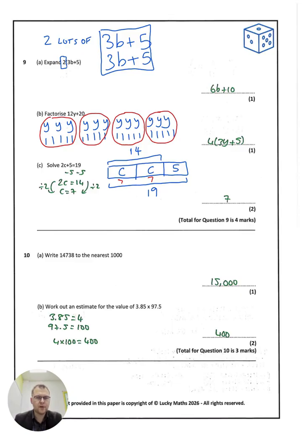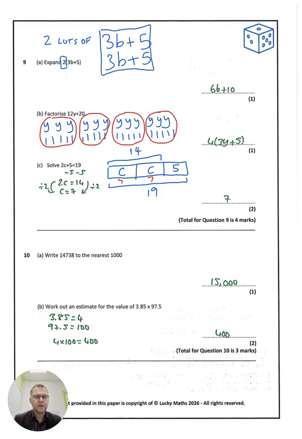But question 9 with algebra, a little talking point to just explain. Expanding brackets. A common mistake a lot of the time is students multiply 2 times 3b and they write 6b, but a lot of the time they just write 6b plus 5. They don't understand the 5 needs to be multiplied by 2 as well.